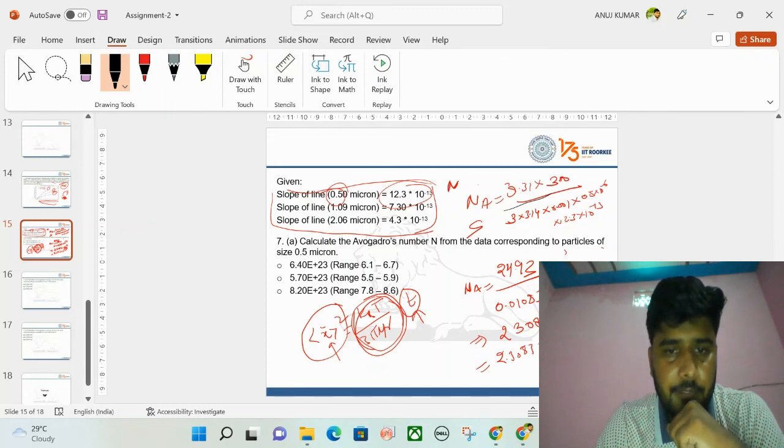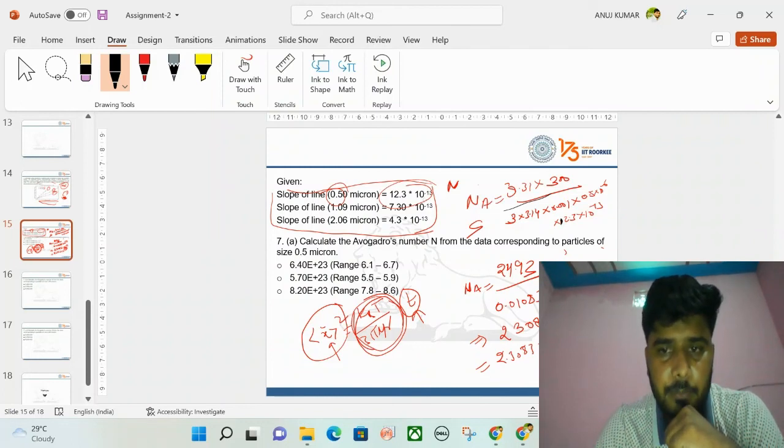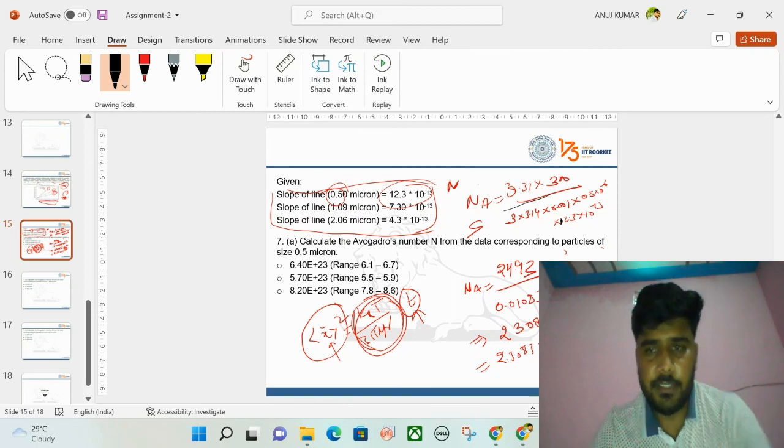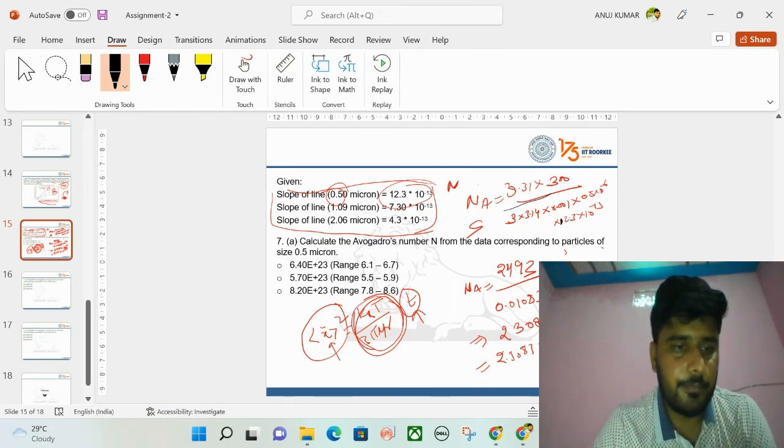Then just rearrange, and this is 12.3 here. So this is the calculation problem.